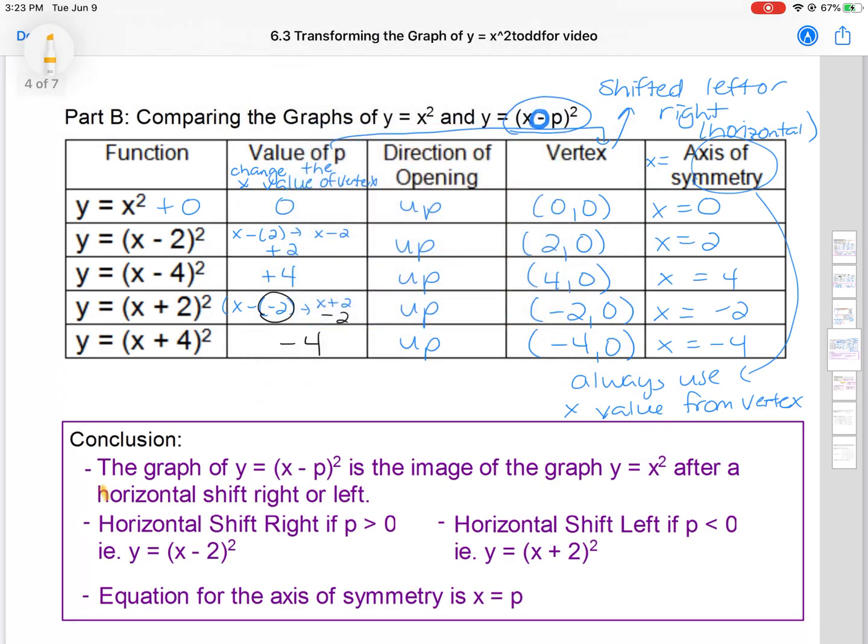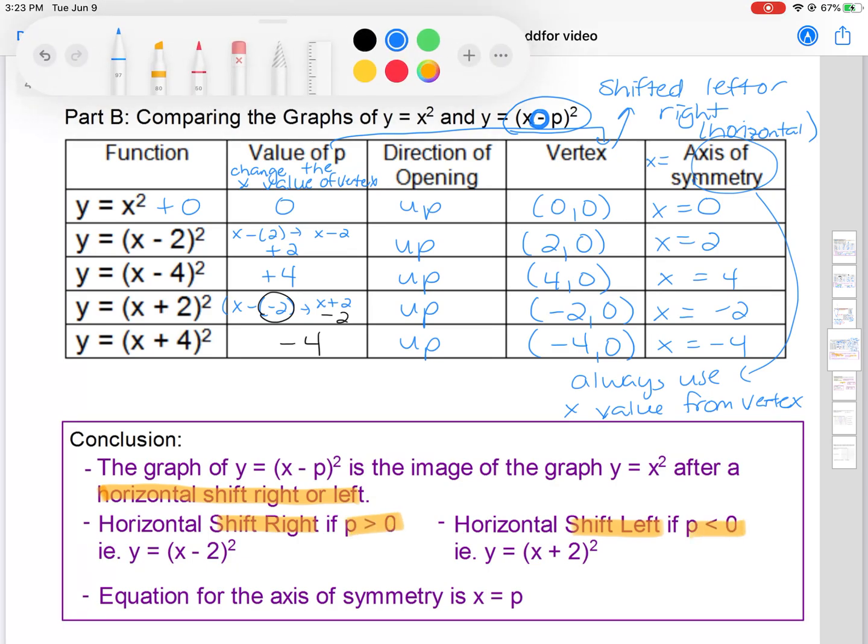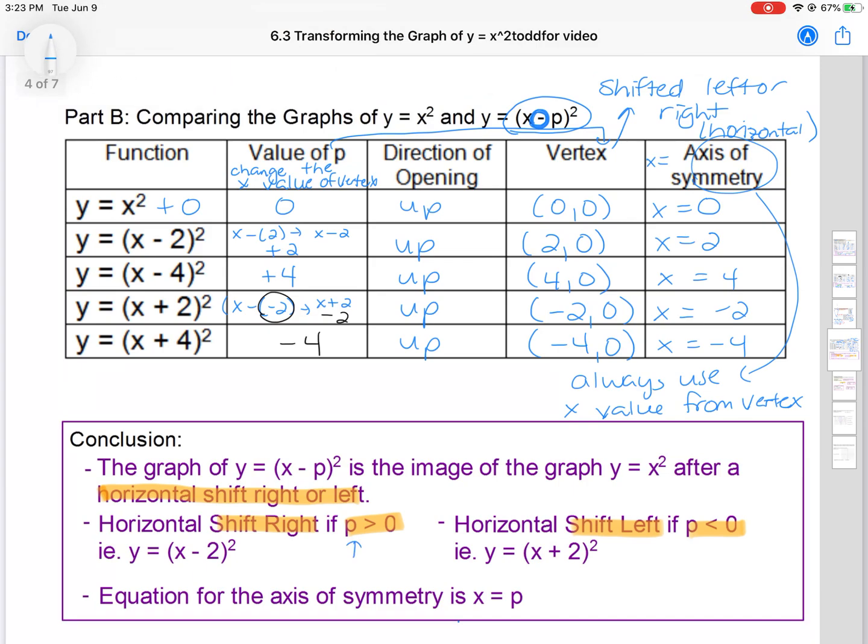So we are now shifting in the horizontal direction, right or left. So a shift right and a shift left. So if p is greater than 0, this is where it's going to be a shift right, and that will be positive, and then it's going to be a shift left when it's negative, but inside the brackets, it's going to be opposite.